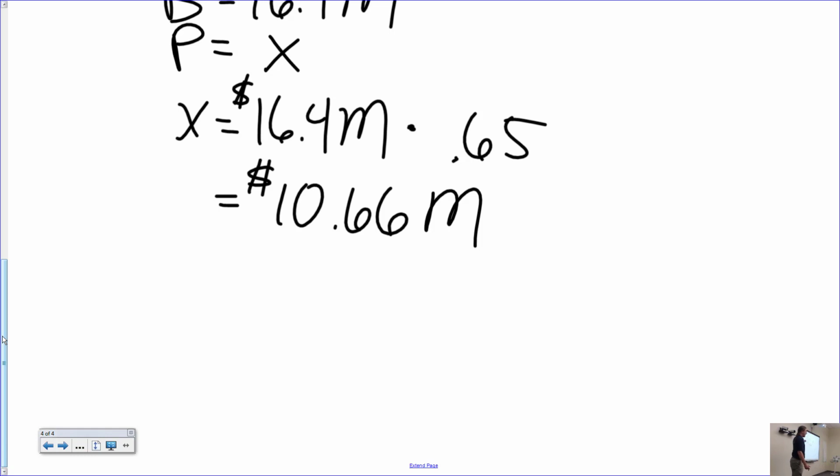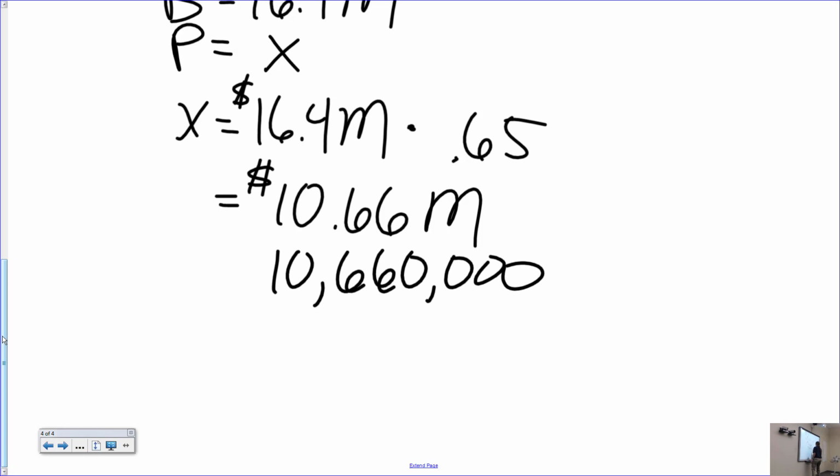Now, if you want to write it out in all of its glorious detail, so if you take 16,400,000 and multiply by 0.65 and get 10,660,000, both of these are correct answers, okay? Both of them are okay. I would like to think that you could handle either answer as well, okay? All right. Not bad?